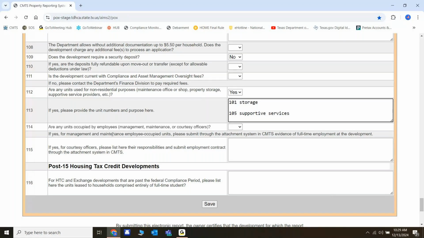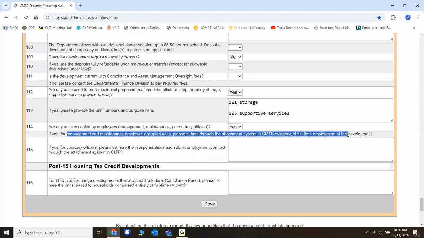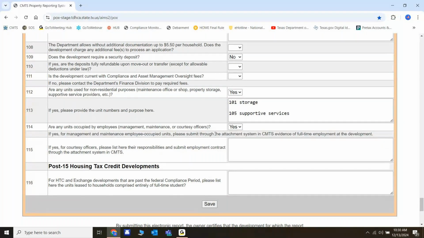Are any of your units occupied by employees, management, maintenance, or courtesy officers? If yes, then for management, maintenance, and employee units, submit through CMTS evidence of full-time employment at the development. For the courtesy officer, just some kind of contract, because they're not really full-time employed at your development. We understand that. If yes, for courtesy officer, please list their responsibilities and submit their contract in CMTS.